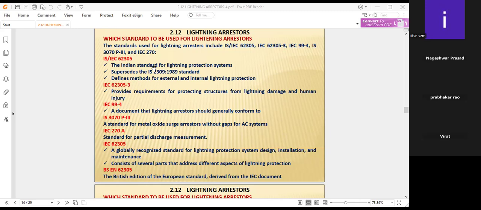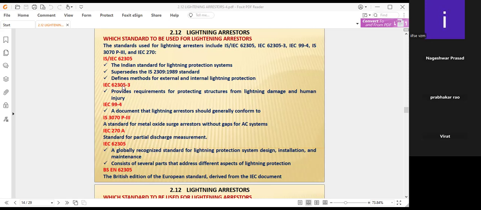The Indian standard for lightning protection systems supersedes the earlier IS 2309. That means the earlier version is this one, and now it is superseded by this. It defines methods for external and internal lightning protection. Internal means lightning protection is also there within the equipment; some systems will be taken care of.